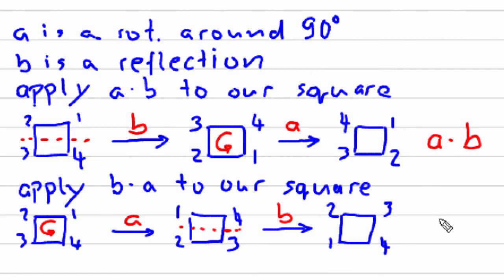That's the result of B times A applied to our square, meaning that A times B and B times A give us a different result.